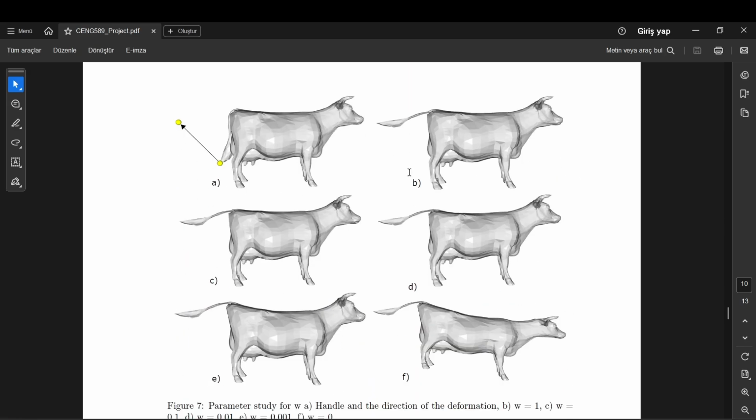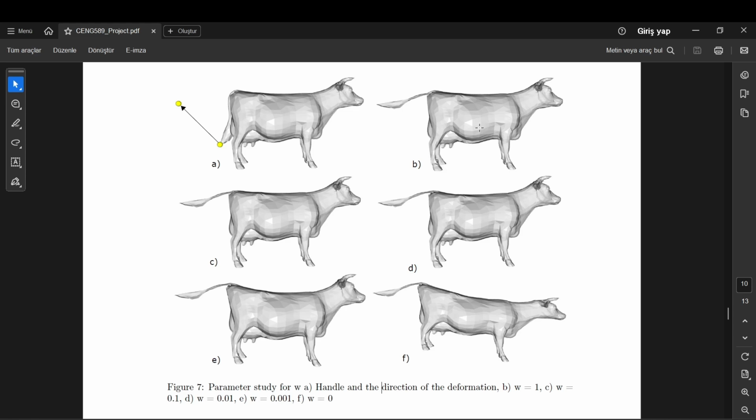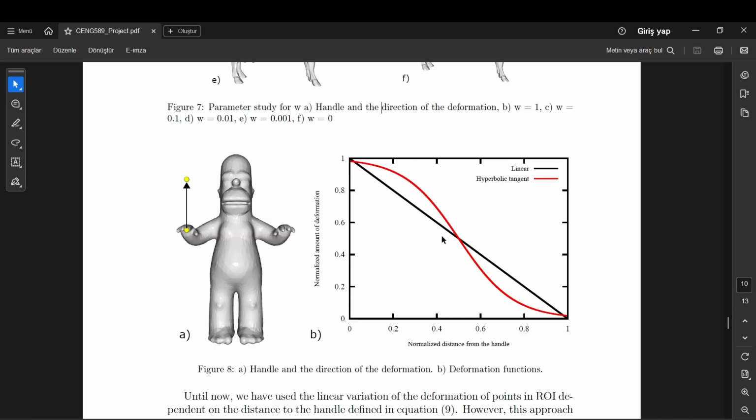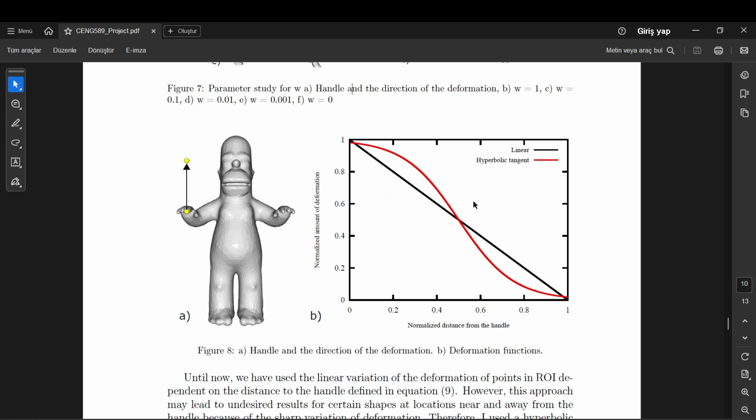As you see here for lambda s equals 0.5, the results are shown while w is decreasing. As w decreases, the body becomes less rigid, deforms less rigidly, let's say. And as I said, I use a linear deformation function, but for linear deformation functions, the end points, the region that is distant to the handle, may distort because of the high variation of the deformation.